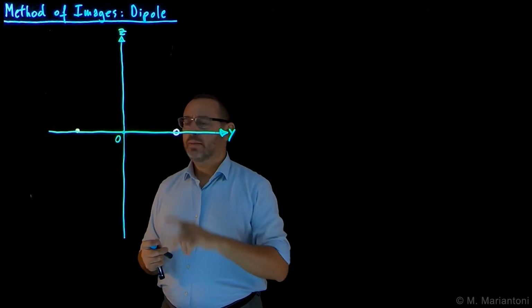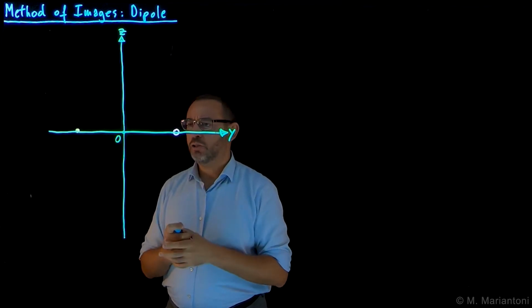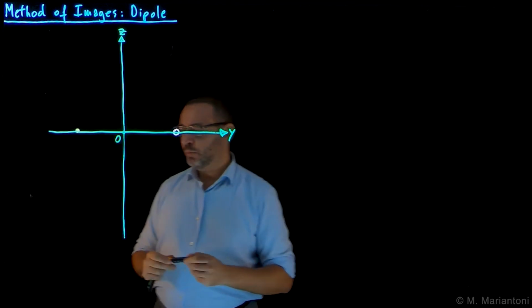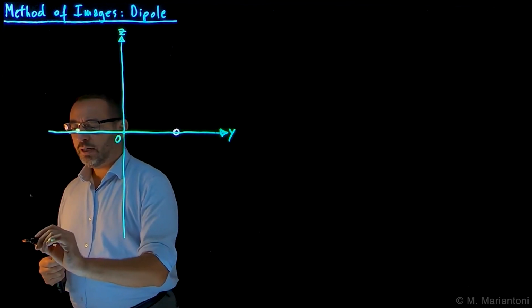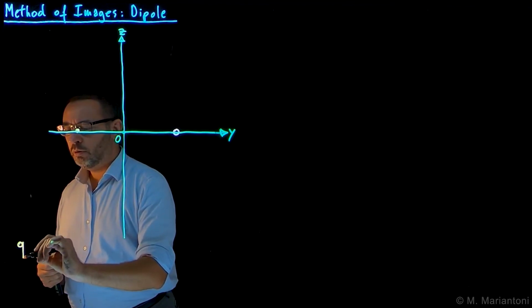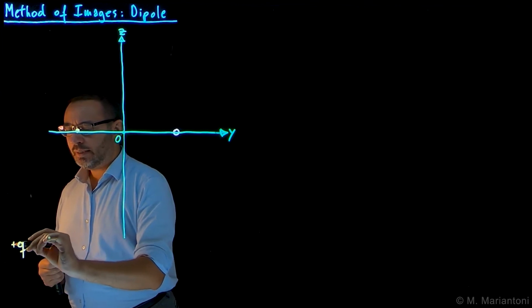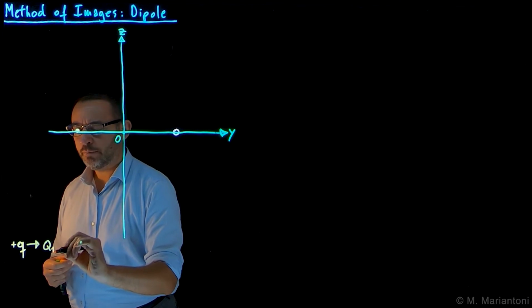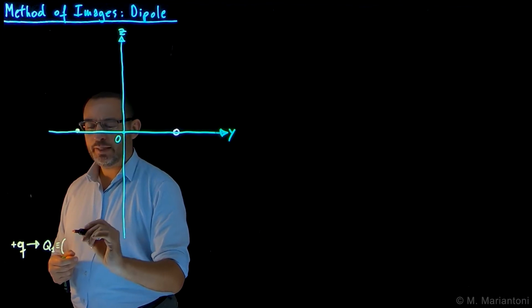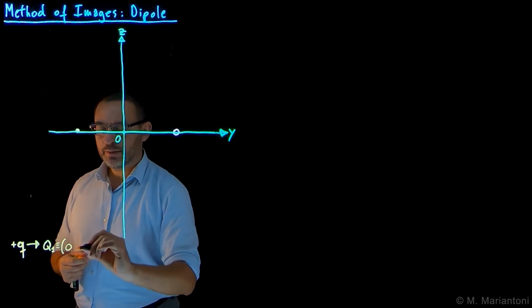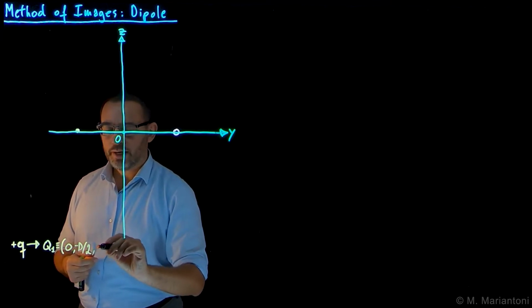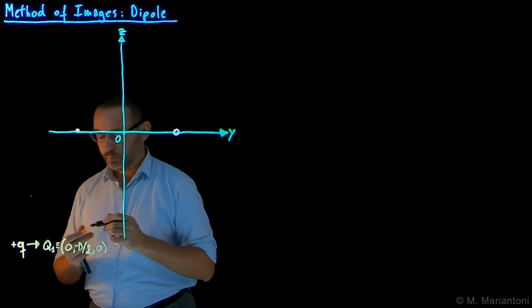And this is the positive charge, this is the negative charge, point-like charges, and this is the configuration we want to study. So in particular, let's assume that the positive charge plus q is associated with a source point, capital Q1, which by definition in this case is going to be 0 on the x-axis, minus D half on the y-axis, and 0 on the z-axis.